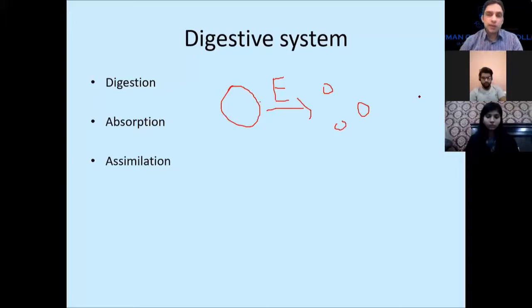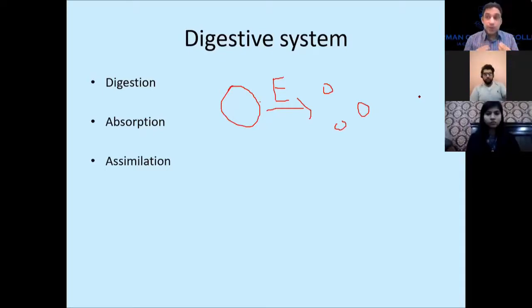If you know the ingredients of life, you should know what will be the products of chemical digestion of food particles. For example, if the food is made up of carbohydrates, then after digestion it will be converted into simple carbohydrates like glucose and other members like fructose, but glucose is good enough to remember.